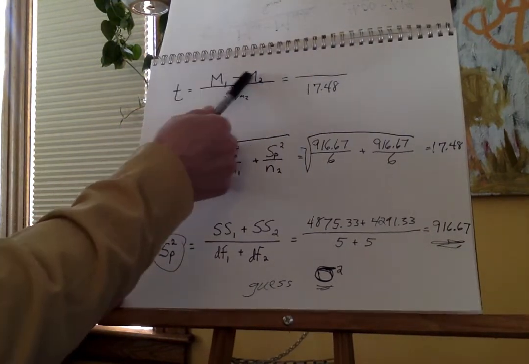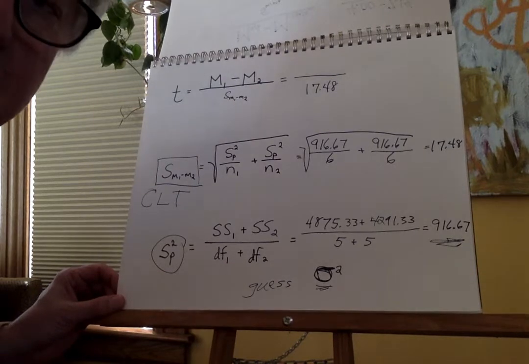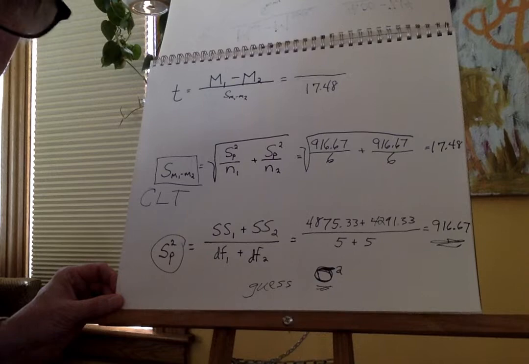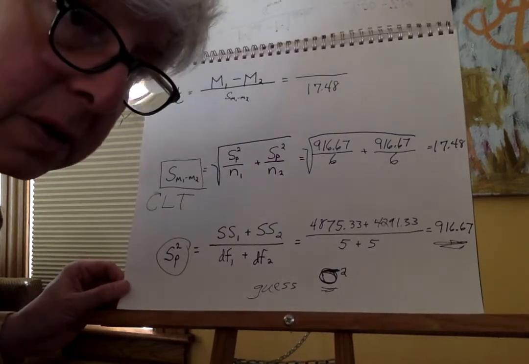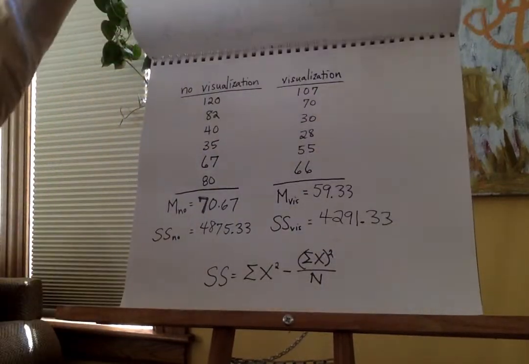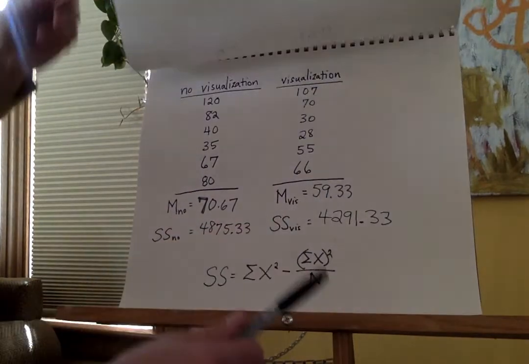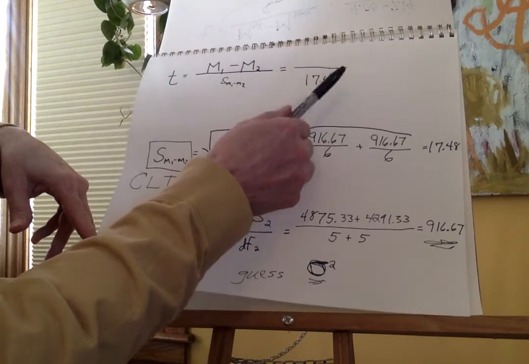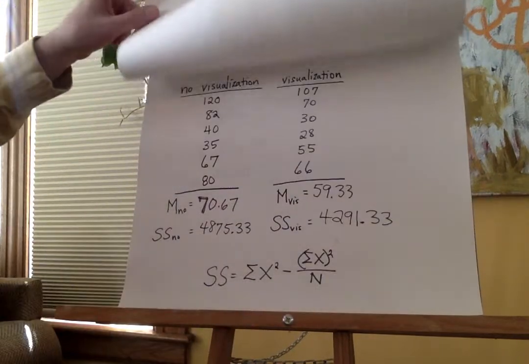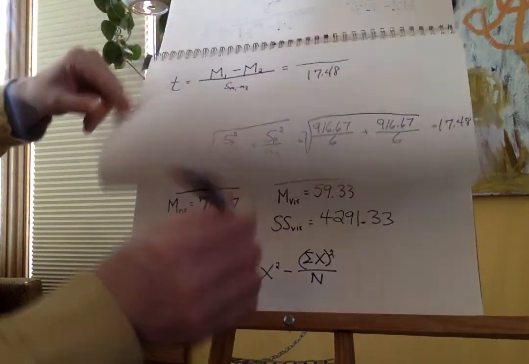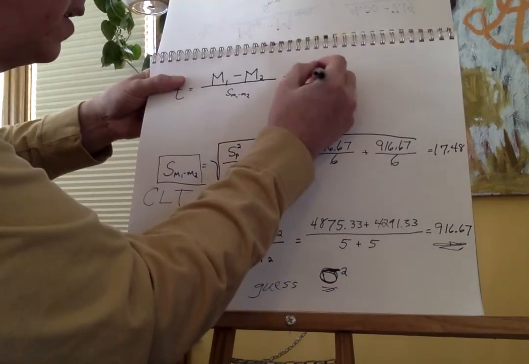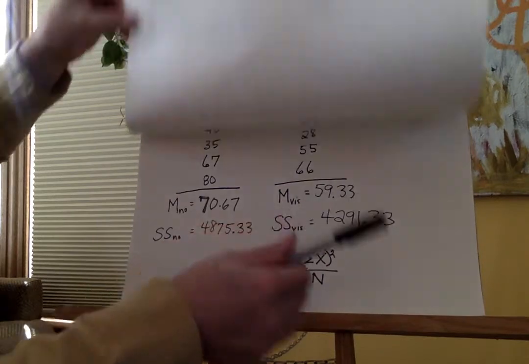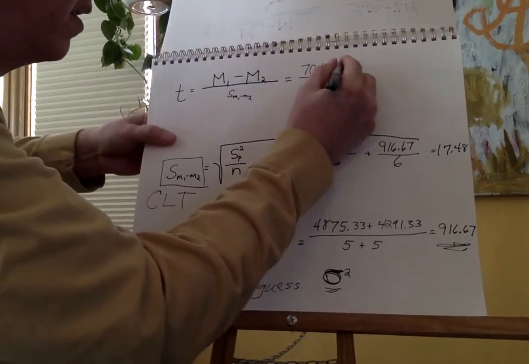That numerator is the difference between the two means. Is there a difference between the two means? That's something other than 0. Now, of course, we know there's a difference, but we're going to put that in the context of standard deviation, or in this case, of standard error. Okay? 70.67 minus 59.33.